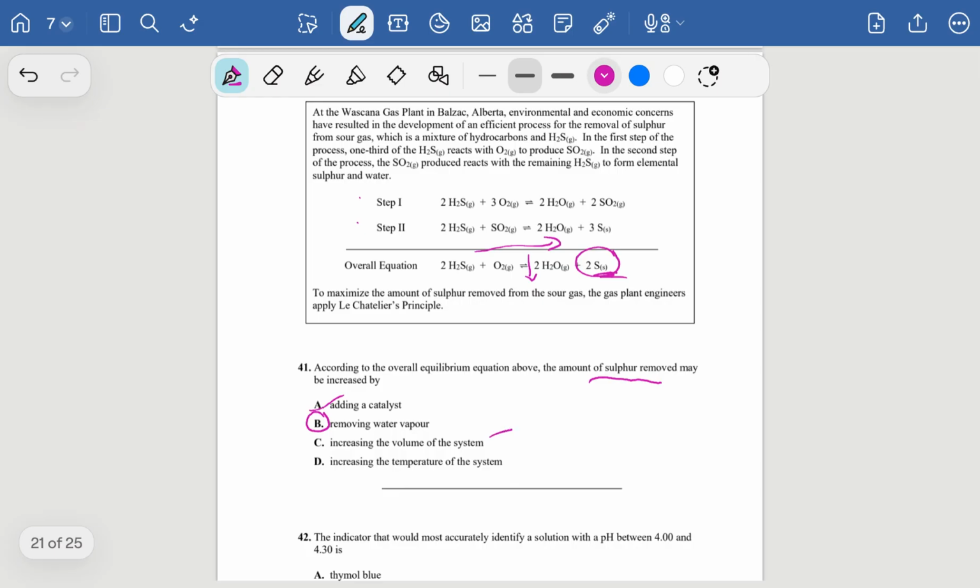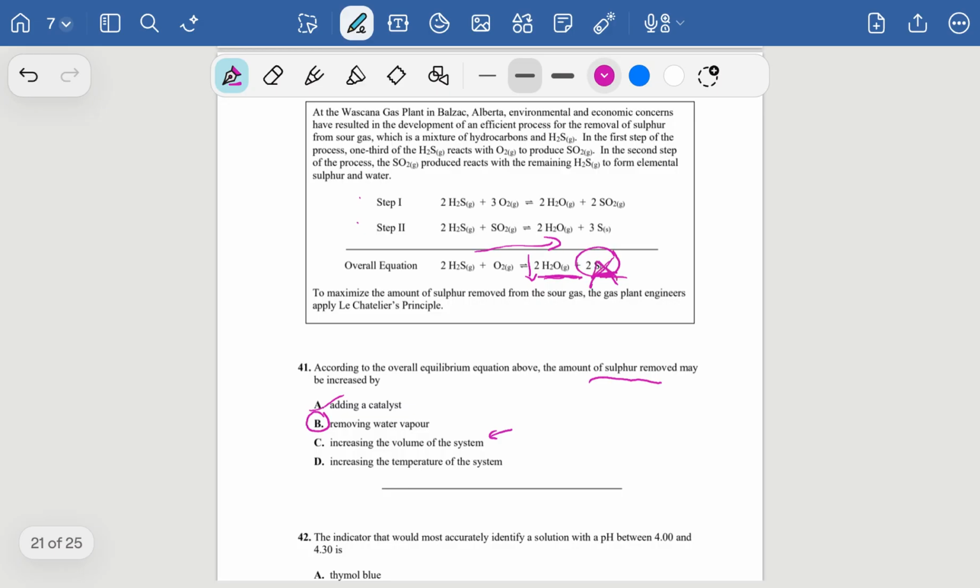C threw me off a little bit because if you increase the volume, you move to the side with more moles. The reason it threw me off is I forgot to recognize that this is a solid coming out, so we would not include it in equilibrium. So this side does not have more moles, it has less because we're not including the solid.